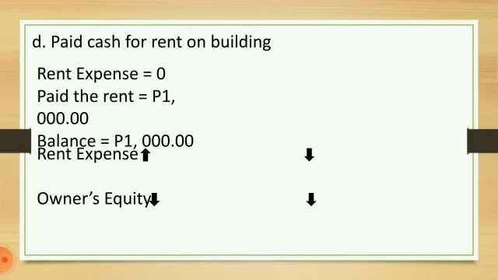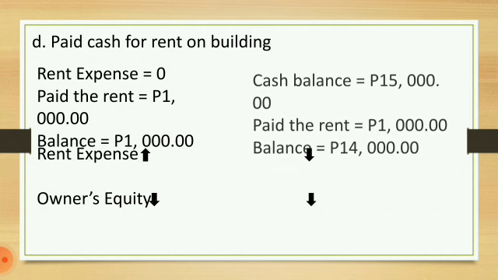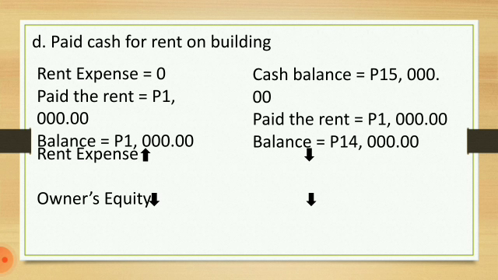Now, what is the second account that is affected? Of course, it is cash. When you paid your rent expense, you have shelled out cash. Imagine that you have a cash balance of 15,000, because going back to the first transaction for the additional investment, you now have a cash balance of 15,000.